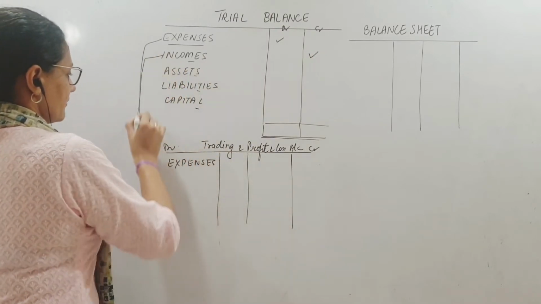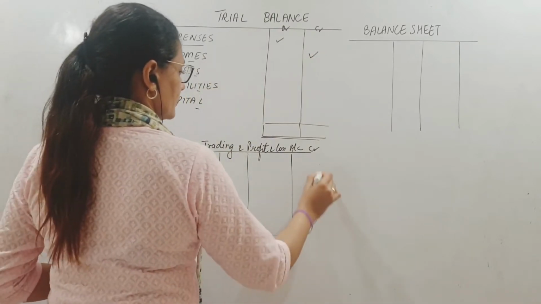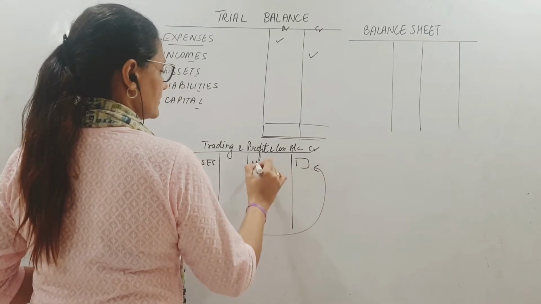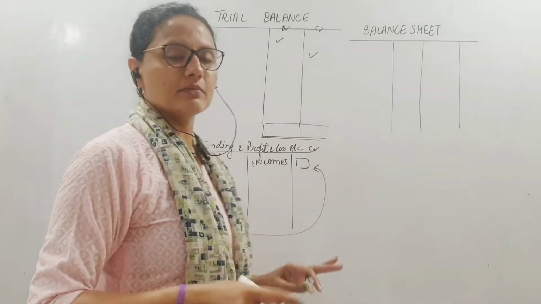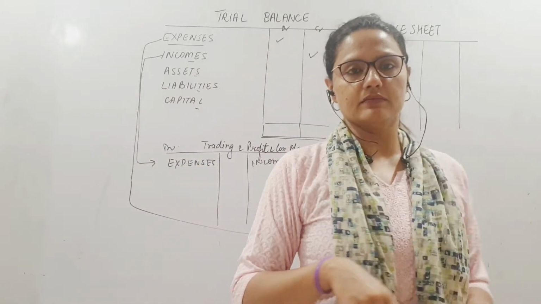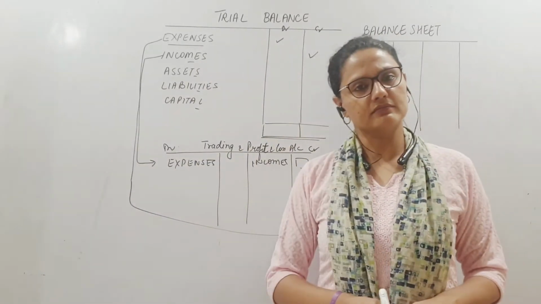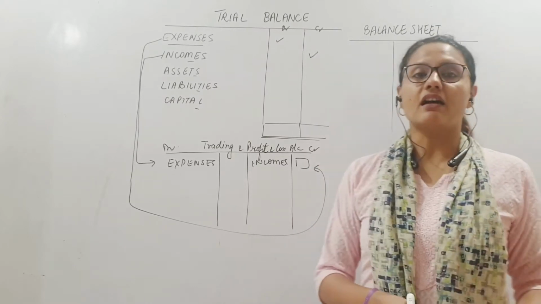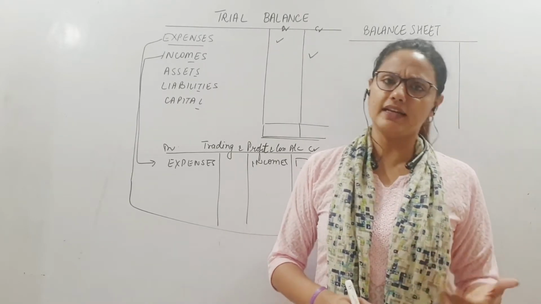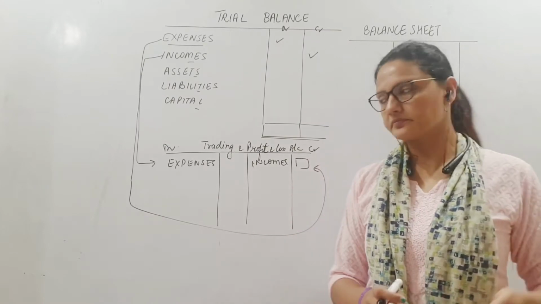So these have come over here, right? Incomes. Meaning all incomes and expenses related to this year, the accounts have been closed already because we needed it to calculate our profits, gross profit, net profit, isn't it?